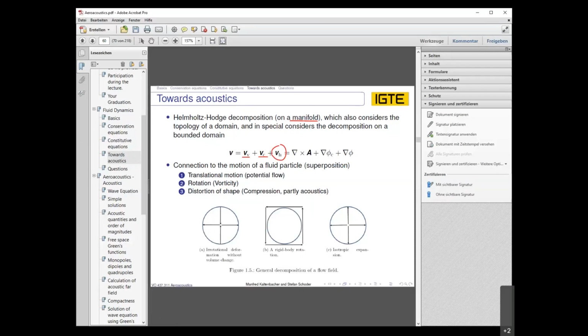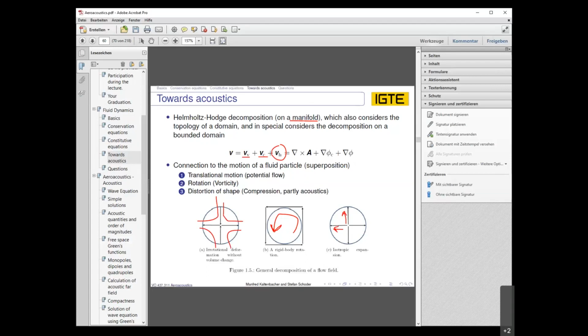So the vortical component is this. We have a rotation. The expansion mode is the compressible stuff, and the potential flow part is represented like this, and we have here some irrotational deformation without any volume change.